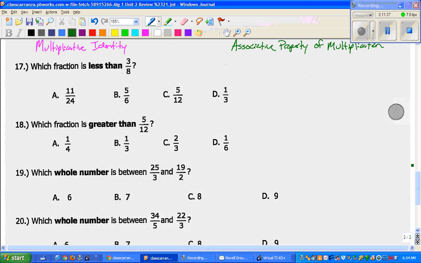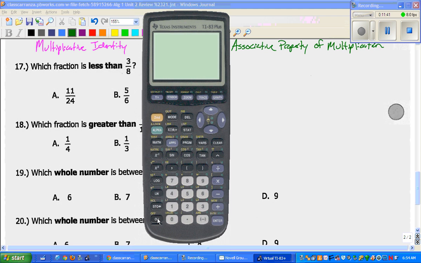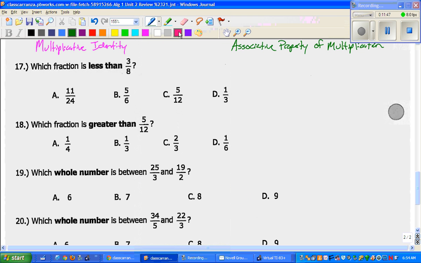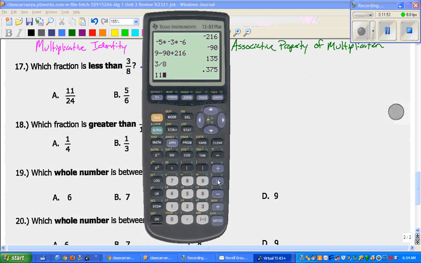All right, which fraction is less than 3 over 8? Now, I have no idea what 3 over 8 is, so to figure that out, 3 divided by 8, that equals 0.375. So let's find out which one is less than that. 11 divided by 24 is 0.45.